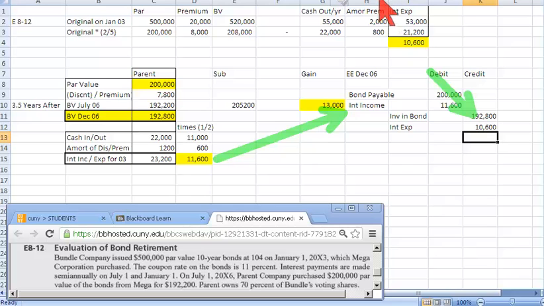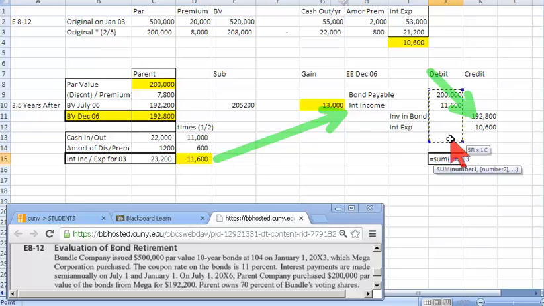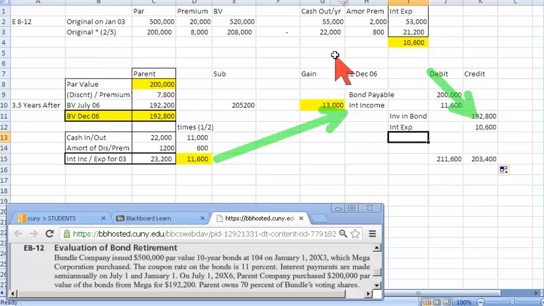And we can either plug, so let's find the totals here. Okay. Oh, let's not forget our gain. We have a gain that we need to realize on the retirement.